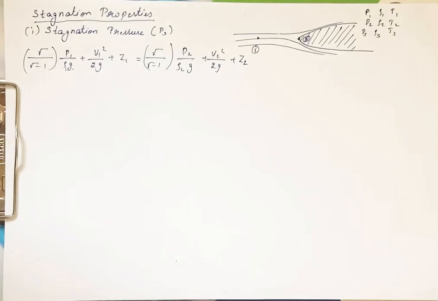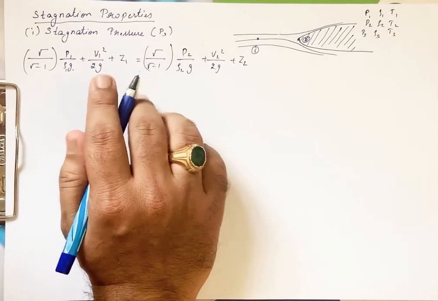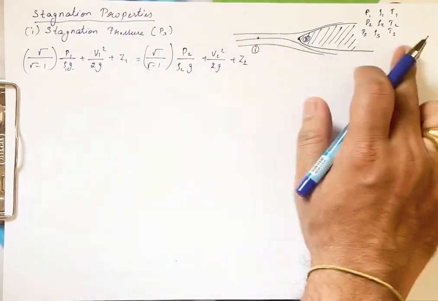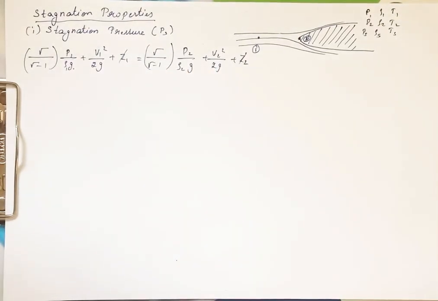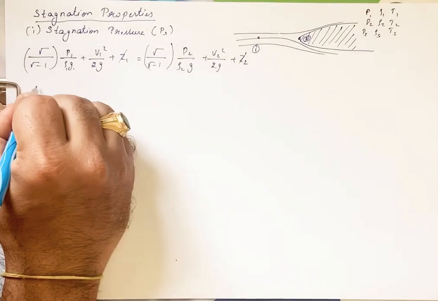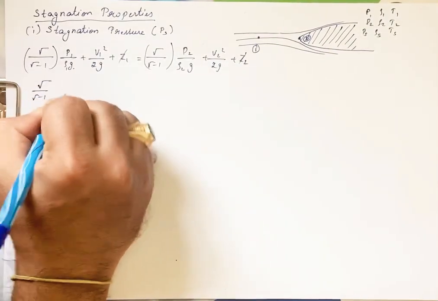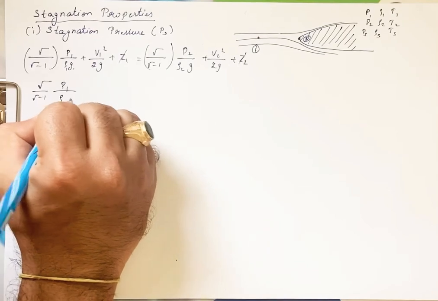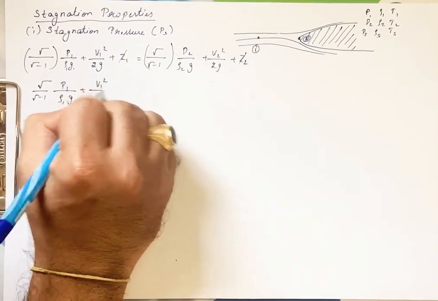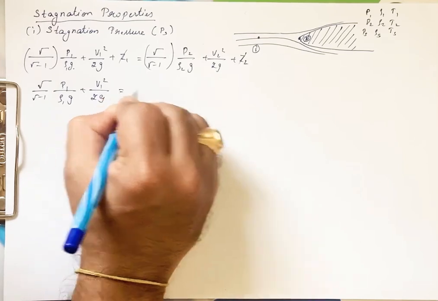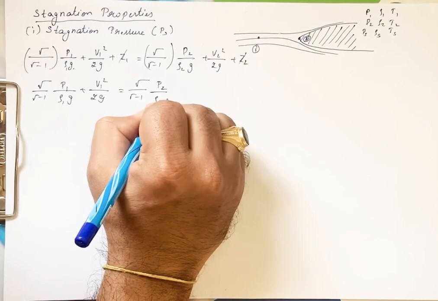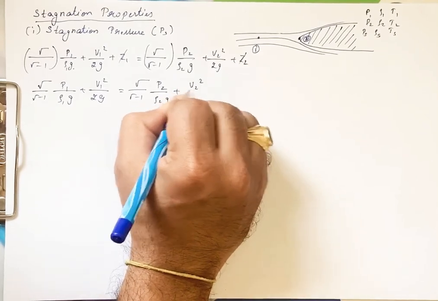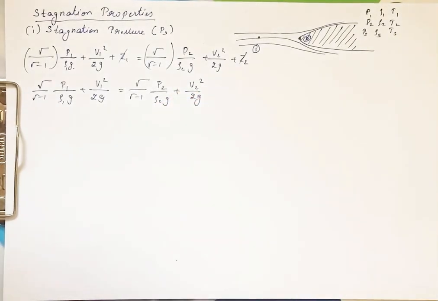We consider Z1 equal to Z2, so the equation becomes gamma divided by gamma minus 1 P1 by rho 1 g plus V1 square by 2g is equal to gamma divided by gamma minus 1 P2 by rho 2 g plus V2 square by 2g.